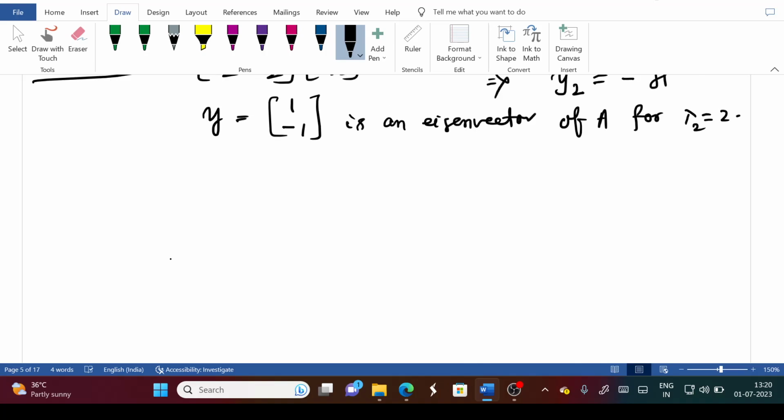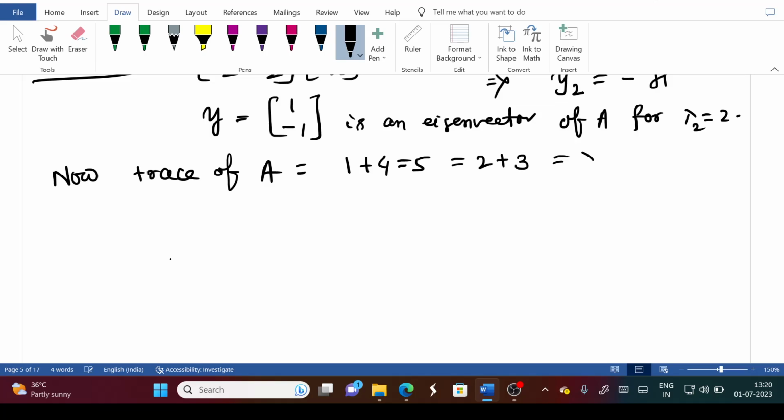Now trace of A is equal to 1 plus 4, that is 5, which is equal to 2 plus 3, that is lambda 2 plus lambda 1.